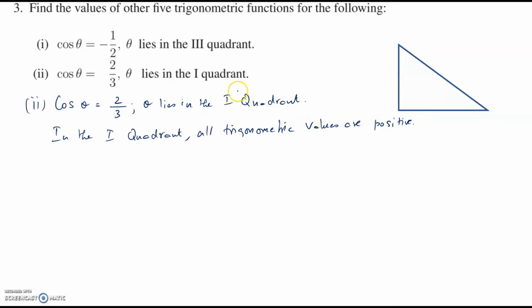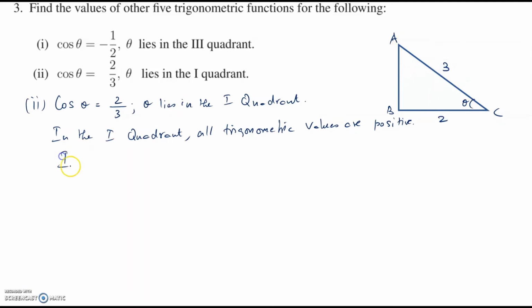Okay, so let's apply this on the triangle. Let's consider this to be triangle ABC, and this is angle theta. So cos theta is adjacent side by hypotenuse. So adjacent side is BC, which is 2, and the hypotenuse is AC, which is 3.